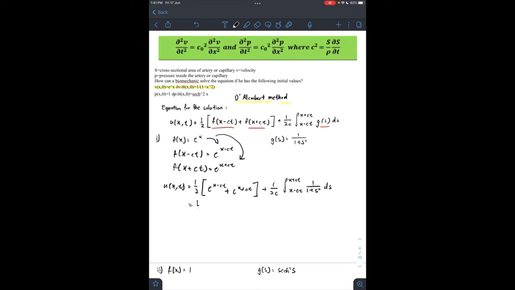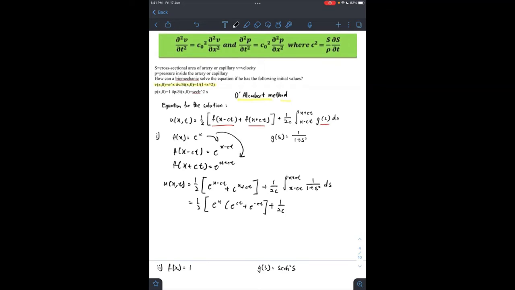We continue, and we can substitute it out, and it becomes e to the ct plus e to the ct, e to the minus ct. And then this bracket I changed a little bit. After this, when we integrate this, it will become the inverse tangent of x plus ct, x minus ct.